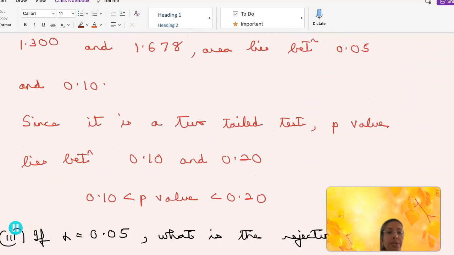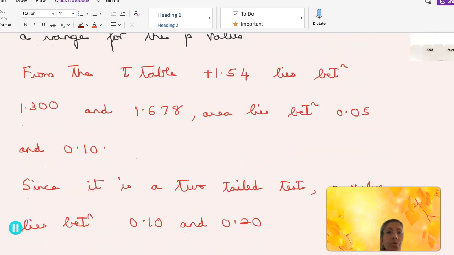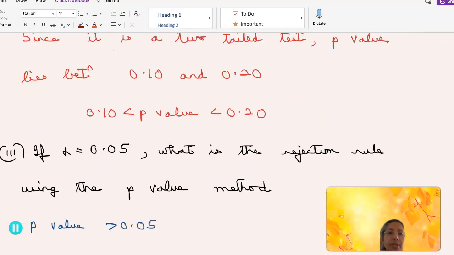And because it's a two-tailed test, the p-value will lie between 0.10 and 0.20. So once more, 1.54 lies between 1.3 and 1.68, so the area lies between 0.05 and 0.10, and we multiply by 2 because it's a two-tailed test, so it will lie between 0.10 and 0.20.